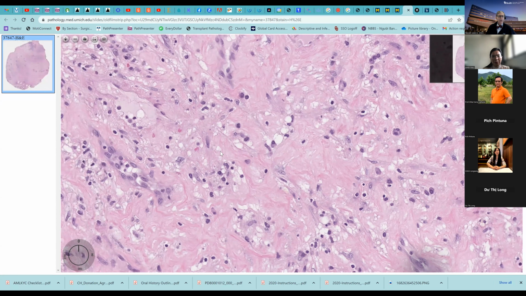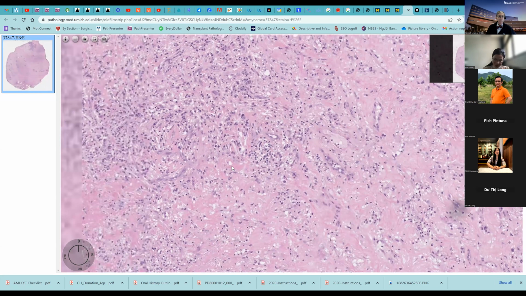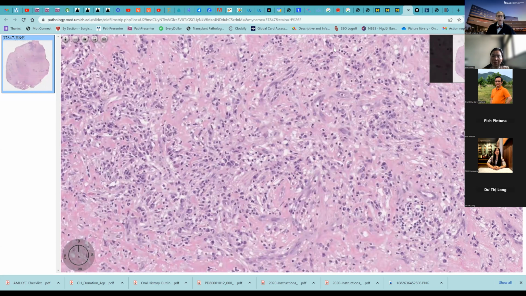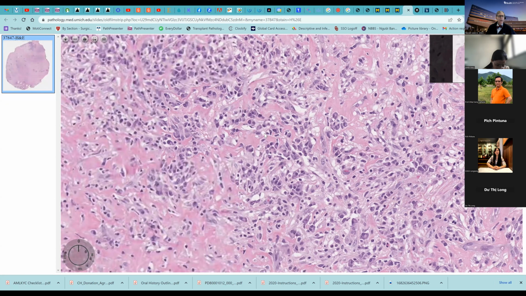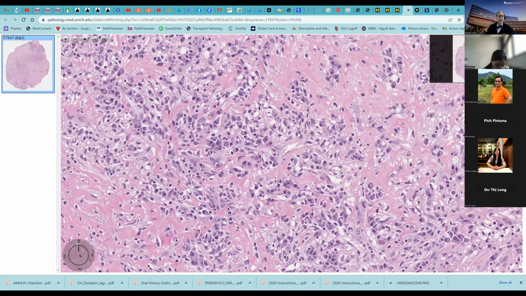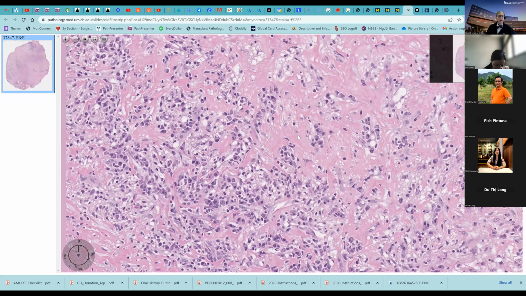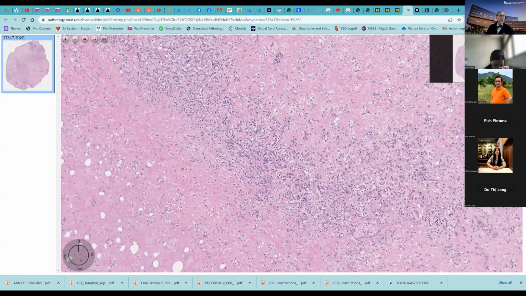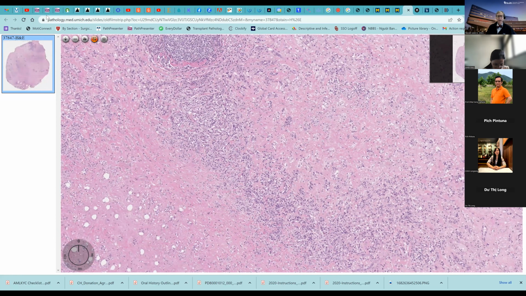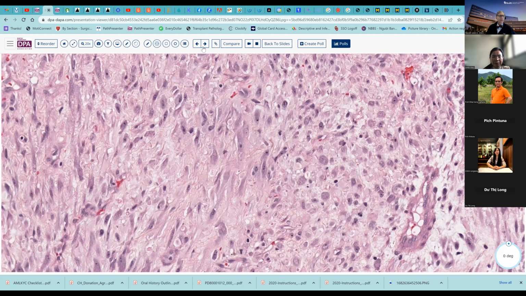But you will find some areas where you have a little bit more of the myofibroblastic component, as you see here. Okay, so that's the spectrum on inflammatory myofibroblastic tumors, and some nice examples to illustrate our findings.